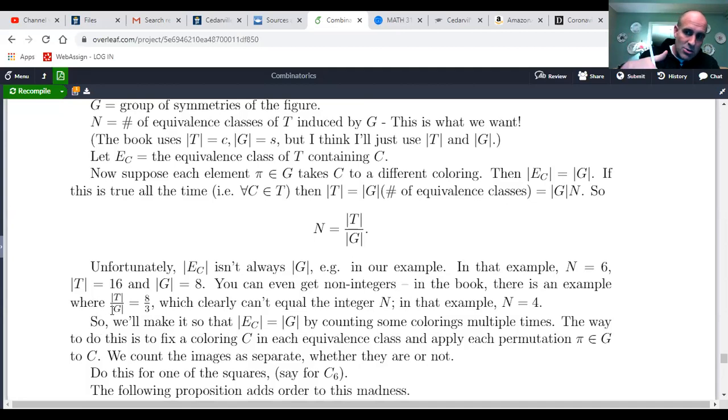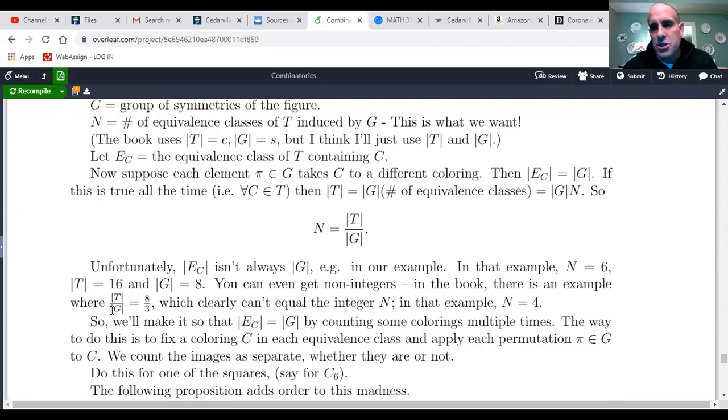There's the identity, rotation by 120 degrees, rotation by 240 degrees. And then you're back to the identity. So the size of G there is 3. If you have an equilateral triangle and you're coloring each vertex with 2 possible colors, there's 2 times 2 times 2 or 8 total colorings. So look at that. If you take size of T over the size of G, you have 8/3, which isn't even an integer, okay? Clearly can't equal the number of equivalence classes because it's not even an integer, okay?